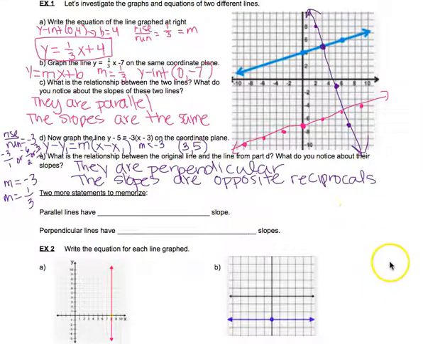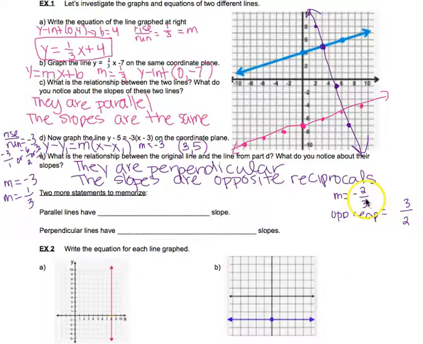So, for instance, if I had, let's say, a slope of -2/3, the opposite reciprocal means I need to do two things. I need to flip it, so 3 goes on the top, 2 goes on the bottom, and I need to change the sign. This was negative, so this was positive.